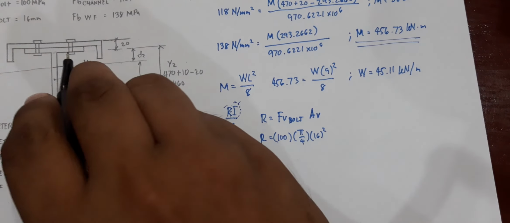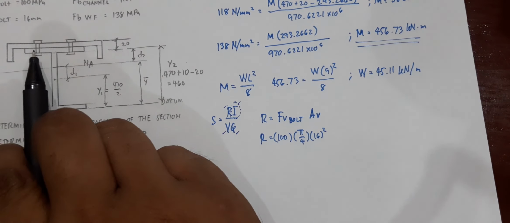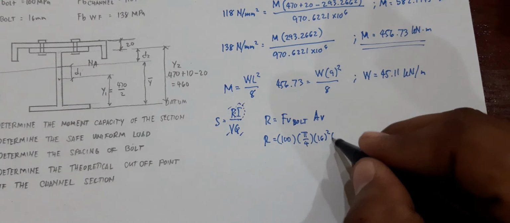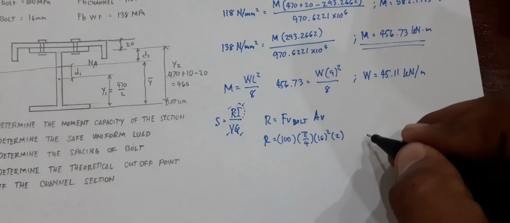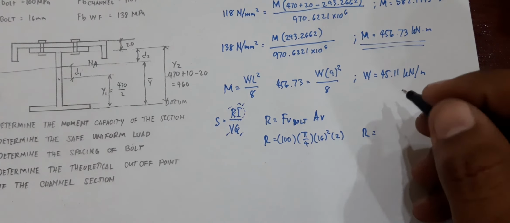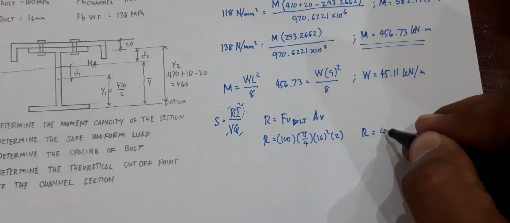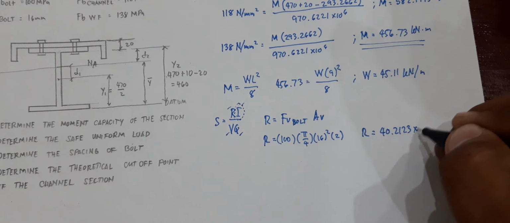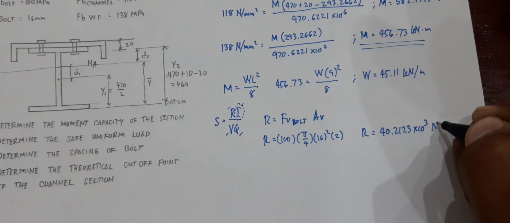There are two shear planes for your bolt, this one and that one, that would be 2, so multiply this by 2. So your shear force R is equivalent to 40.2123 times 10 raised to the 3 newtons.